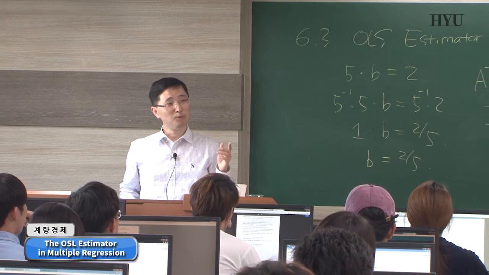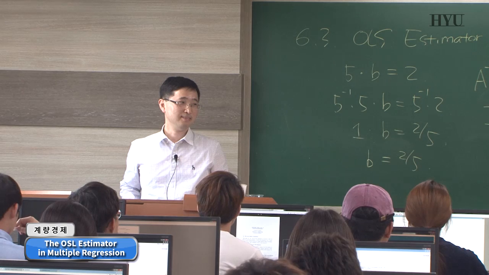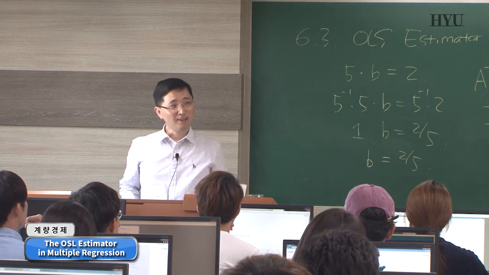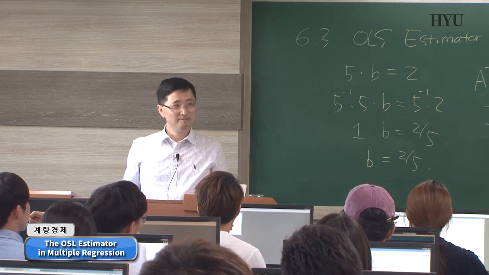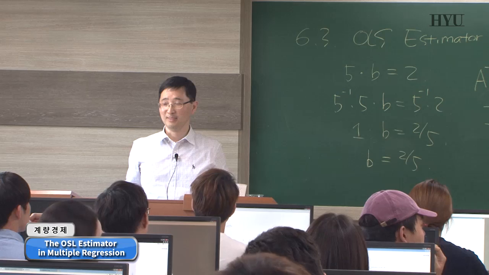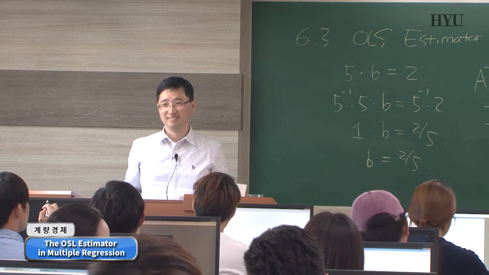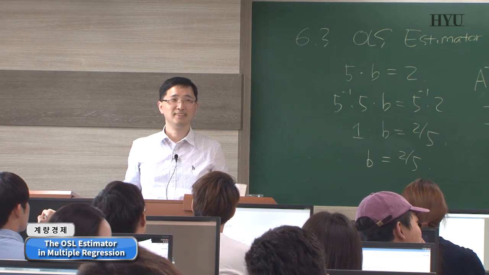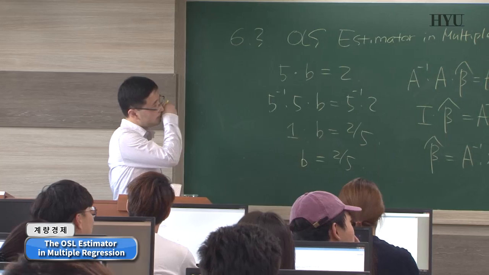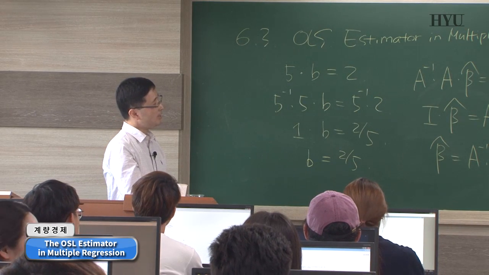Okay? We have a 3 by 3 matrix. So how do you write down an inverse of a matrix? Do you remember? Probably in high school. Do you still remember how to get an inverse of a 3 by 3 matrix? You didn't memorize it? So the thing is that it is hard.